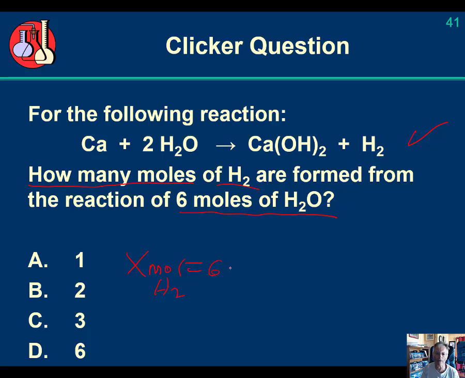Equals, and we have 6 moles of water. And now our mole to mole ratio, and moles of H2 go in the numerator because it's our X factor. Moles of water in the denominator. So let's just go find our coefficients. For water, the coefficient is 2.